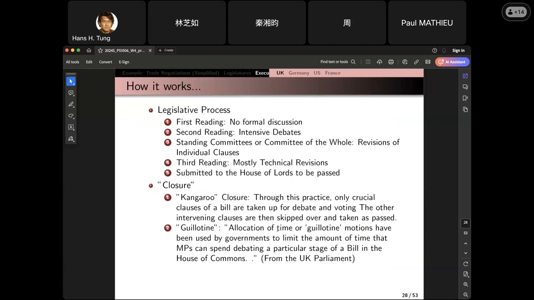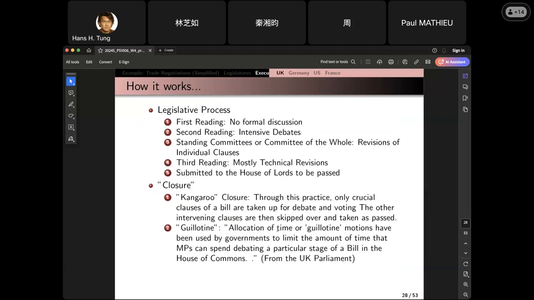So you don't just have a plenary meeting for every MP, but people go to different committees. Here they have standing committees or committee of the whole. Inside these committees, they can revise individual clauses.